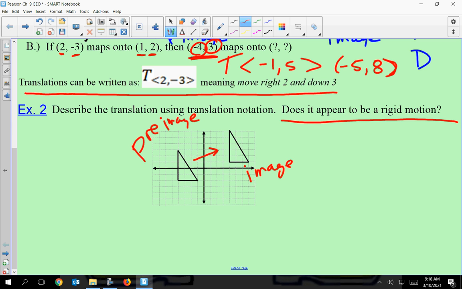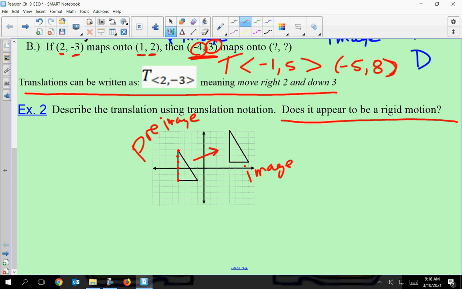The second question here, does it appear to be a rigid motion? So remember, a rigid motion means, are all the lengths of the sides the same? And do you think all the angle measures are the same between the two triangles? So to me, it looks like they're the same. If we count squares, I'll start here. I got 1, 2, 3, 4, 5, I'm sorry, 1, 2, 3, 4, 5, 6.